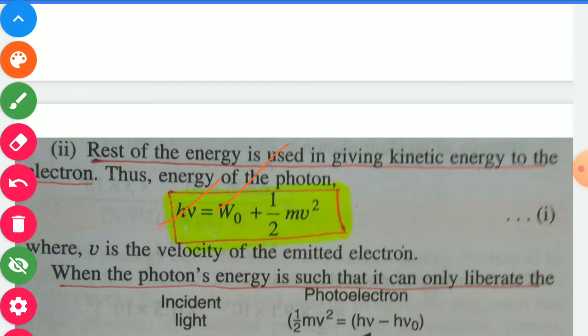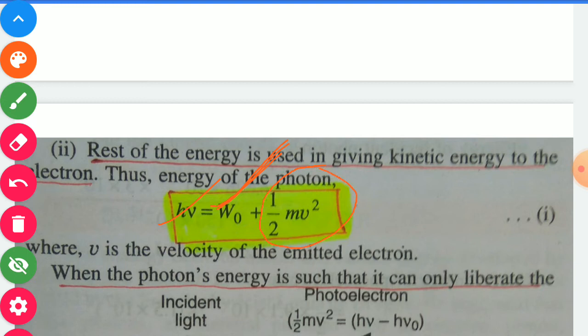So in other words, if the energy of incident light is much more, then that light is divided into two parts. The first part is used to just eject the electron from the surface of the metal, which is known as work function, indicated with W0, and the rest of the energy is used to give kinetic energy to the ejected electron, which we indicate with half m v square.